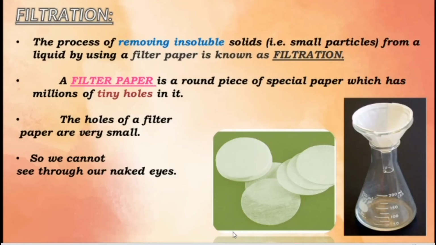And then filtration. Filtration is the process of removing insoluble solids, that is, very small particles, by using filter paper. A filter paper is a round piece of special paper which has tiny holes in it, holes that we can't see with our naked eyes.